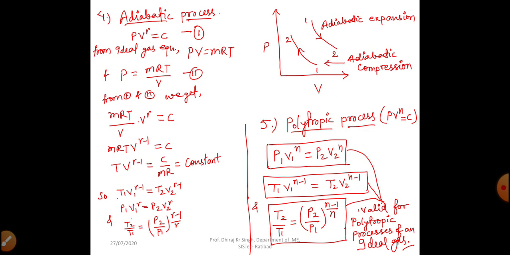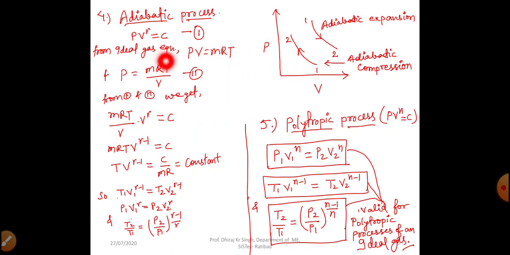Now the adiabatic process. We know the equation of the adiabatic process is PV to the power gamma equals constant, and here we can see 1 to 2 is adiabatic expansion and 1 to 2 is adiabatic compression. As I already discussed for the isothermal process, when expansion takes place, volume will increase and pressure will decrease, and when compression takes place, volume will decrease and pressure will increase.